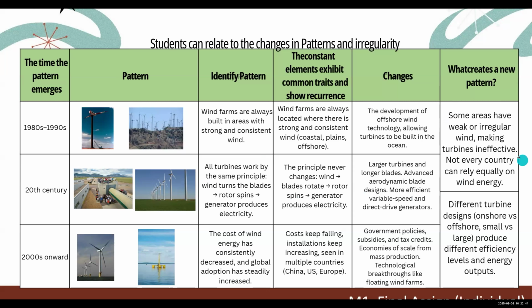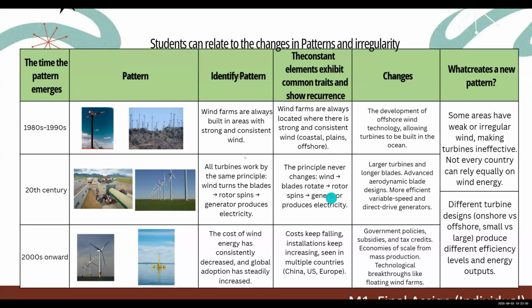And what creates the new pattern is that some areas have weak or erratic winds, making the turbine ineffective. So that will create the second pattern.